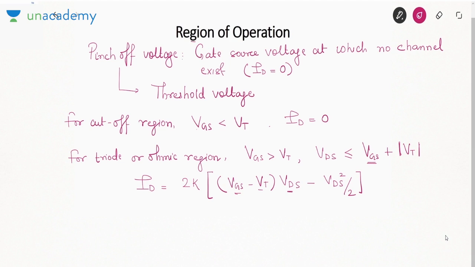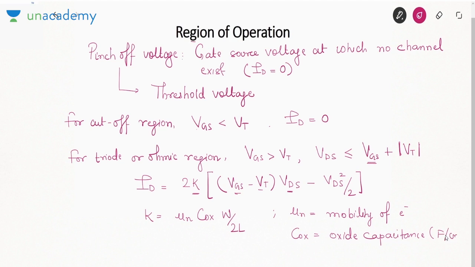Now what is this K? This K is mu n COX W by 2L. Now what are these things? Mu n is the mobility of electron. COX is the oxide capacitance, but its unit will be farad per centimeter square. W is the channel width and L is the channel length.